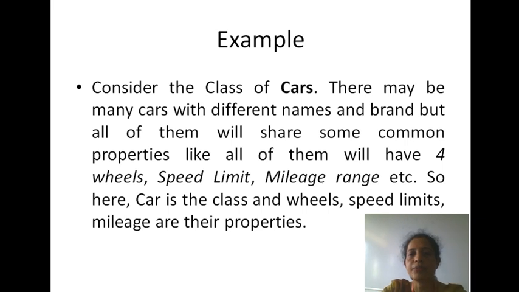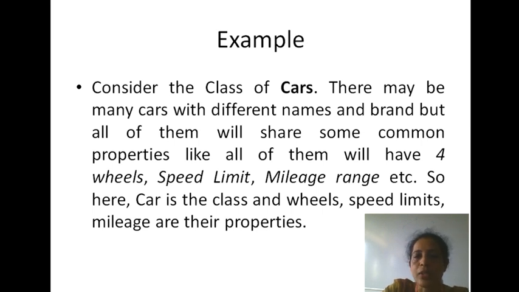So here I represent one example of the class. We can declare one real-world entity, cars, that is defined as a class in the object-oriented programming language, and here we get different names or brands for the car.